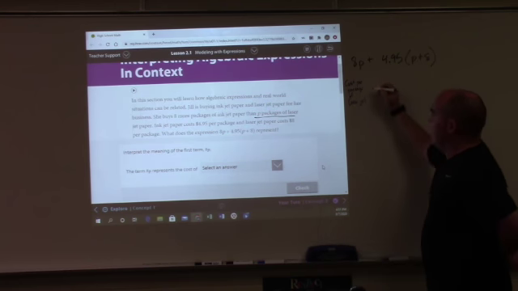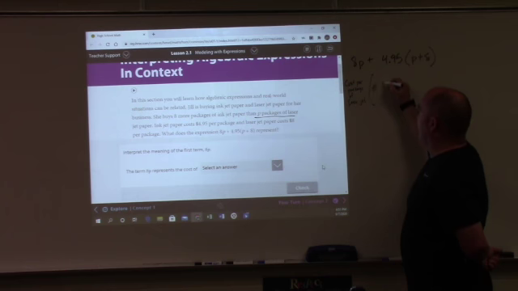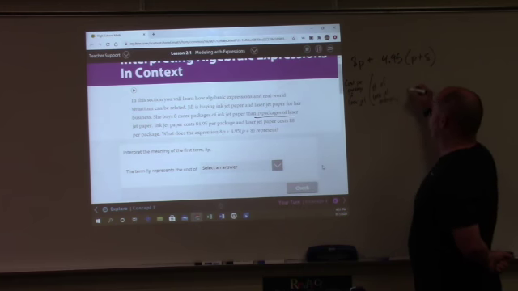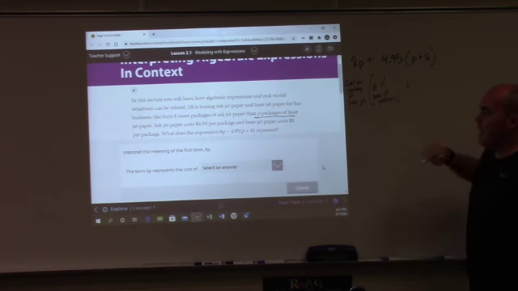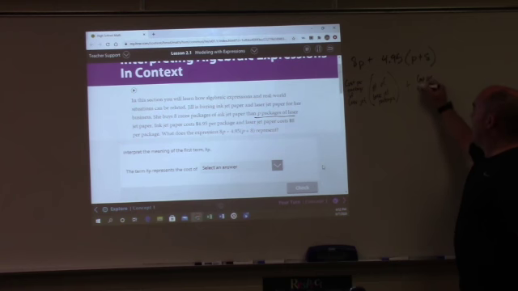And then P is the number of laserjet packages. Okay, so now we're adding. The $4.95 is the cost per package of the inkjet.